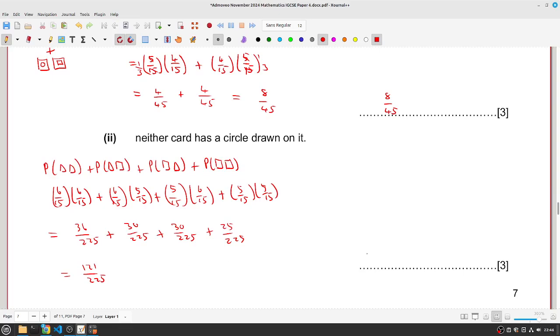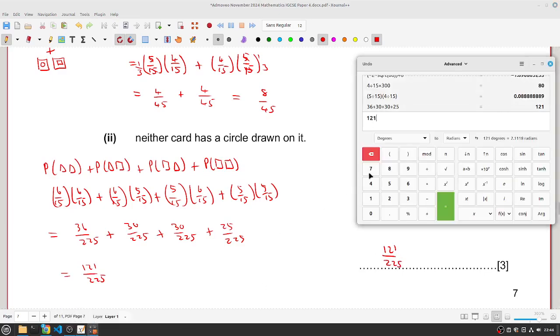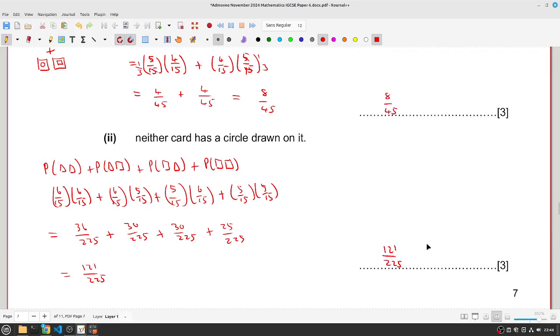And I don't think that can simplify. If it can, we do have to simplify. Let me just see. Doesn't look like it. No, it doesn't look like it. So that's our probability that neither card has a circle in it. So all the options that don't include a circle, we have to take into account. Remember to take both ways around: triangle then square, or square then triangle. Don't just do one of them, do both.